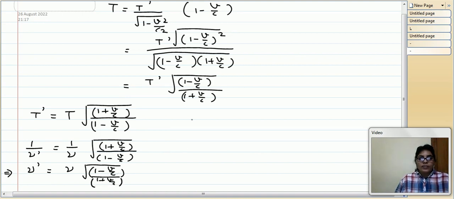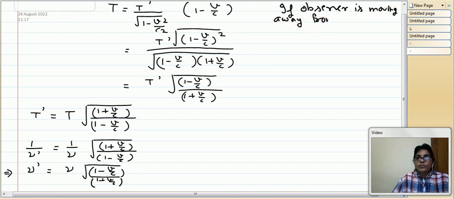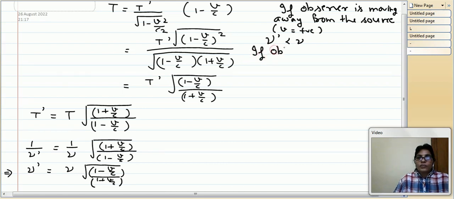So nu dash is less than nu, which means the frequency is less than the original frequency.